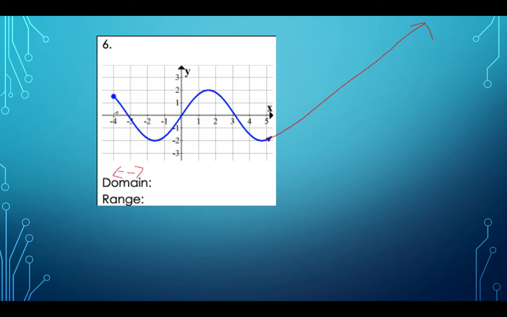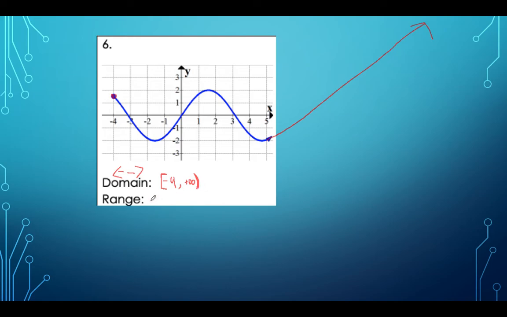So let's start at our leftmost point, which would be -4. And it can equal -4 because it's a closed dot. Well, if you can imagine this graph's going on and on and on and on and on, well, then we're going to go to positive infinity. And we can't equal infinity, so we're going to have a curved parenthesis. That would be the domain.